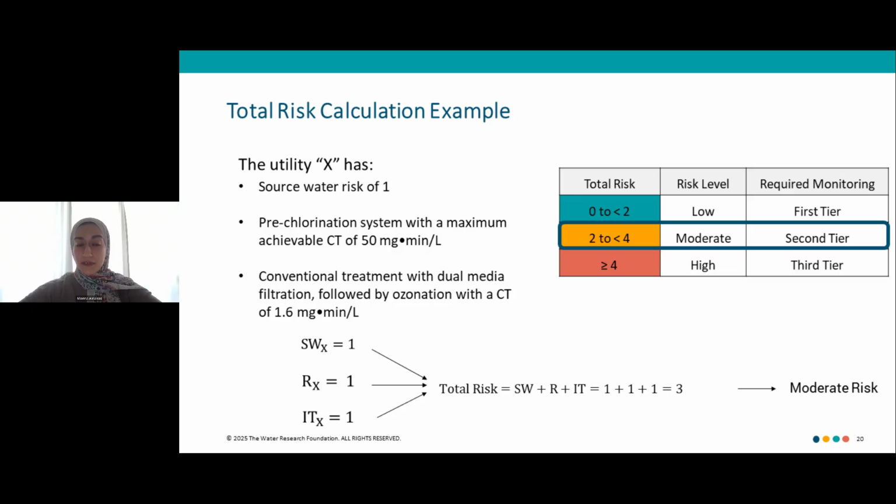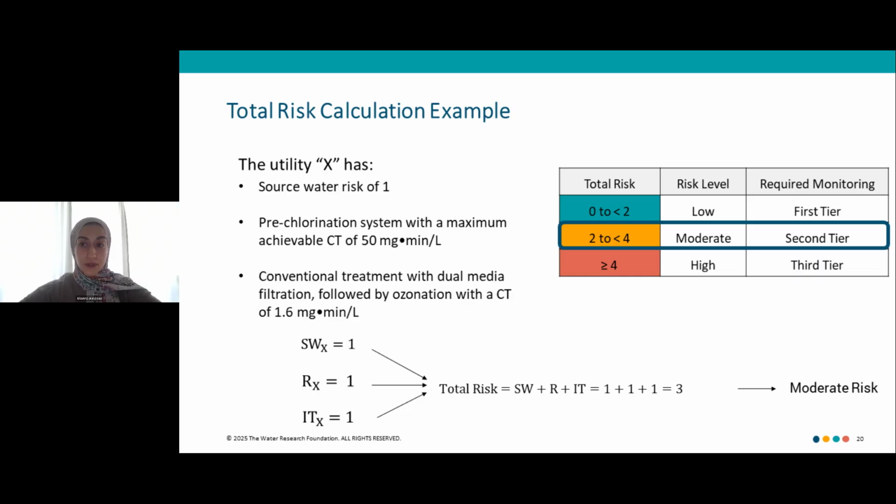So based on these givens, we know that the source water risk was moderate risk, which corresponds to 1. And the risk of the release of toxins due to using a source water control, since we're using pre-chlorination, puts us into the moderate category, which is risk level number 1. And for the treatment train, here we can quantify that the treatment is using pre-oxidation with 50 milligram-minutes per liter.